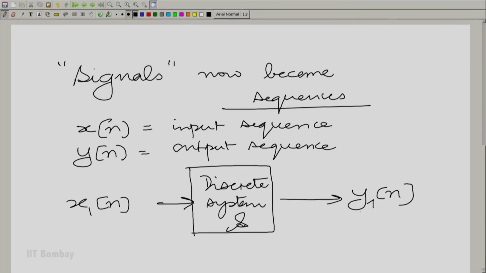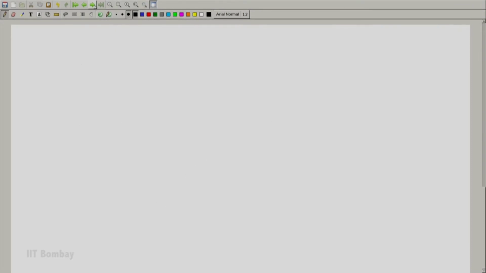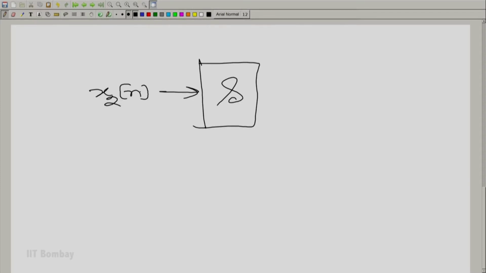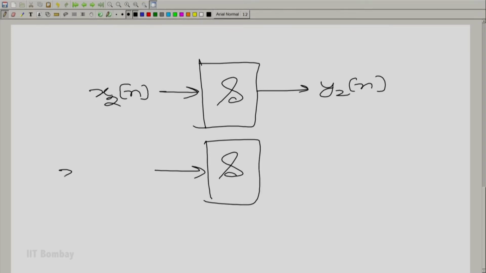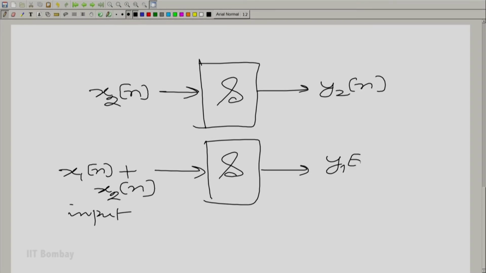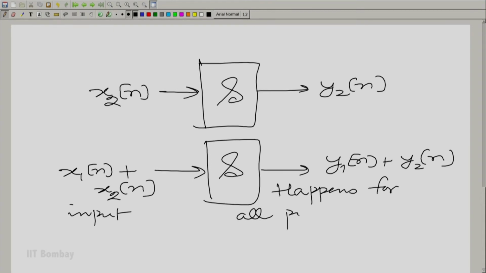I will say x1n produced y1n, and then in the same system x2n produced y2n, and when the same system was given x1n and x2n added up as the input sequence, then what was produced was y1n plus y2n, and this happens for all possible x1, x2. This is very important.